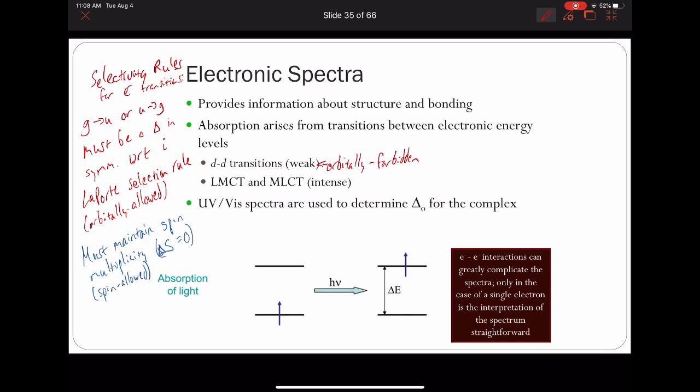Whereas our ligand to metal charge transfer and metal to ligand charge transfer transitions are orbitally allowed, and they're also going to be spin allowed, those that are strong. We can then rank our strongest interactions, or the strongest intensities, which are going to be related to epsilon, so the highest molar absorptivity constant.